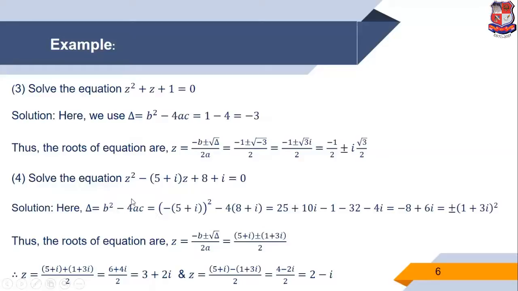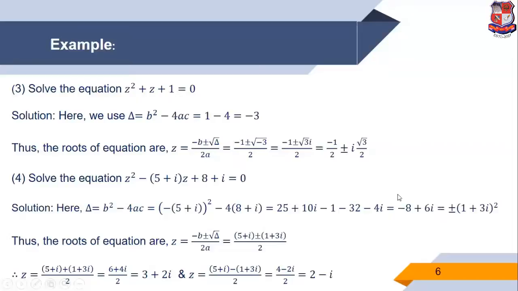Therefore B square, that means (minus 5 plus i) whole square, minus 4AC, so 8 plus i. We use the formula for (a plus b) whole square. Then 25 plus 10i minus 1 minus 32 minus 4i is equal to minus 8 plus 6i.